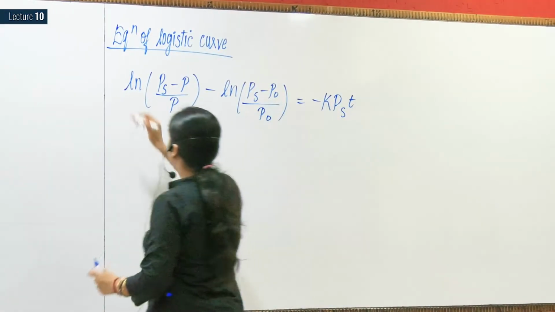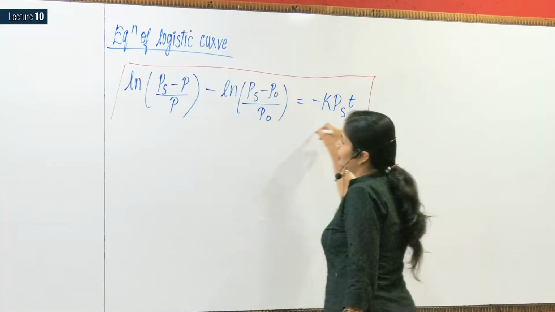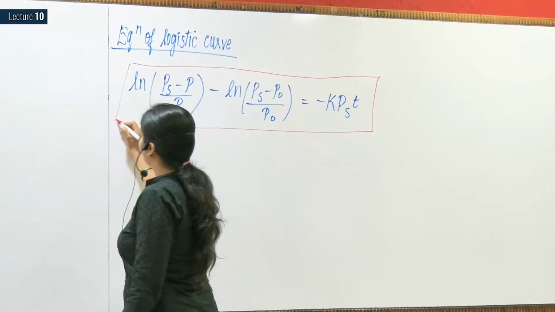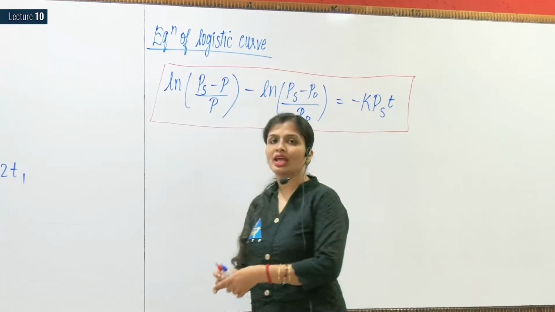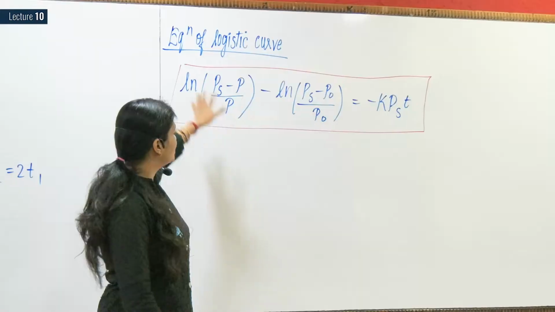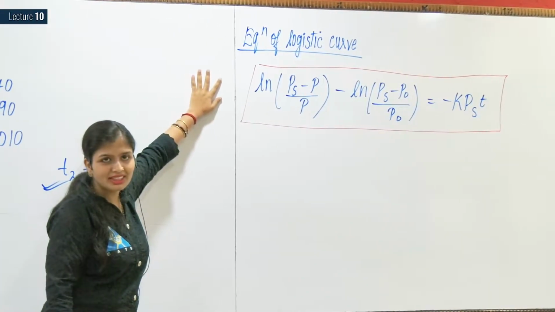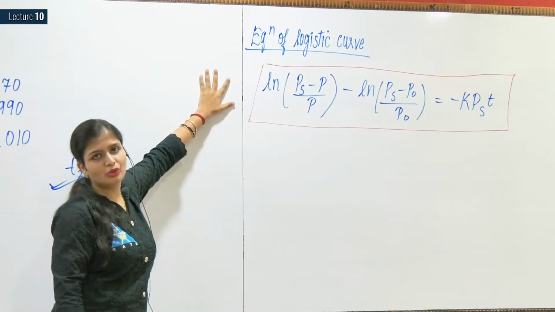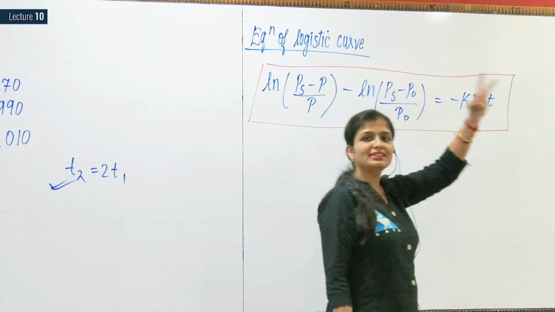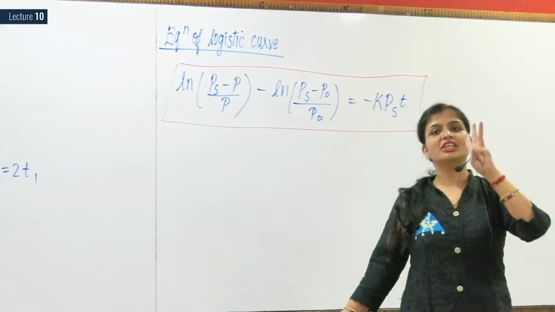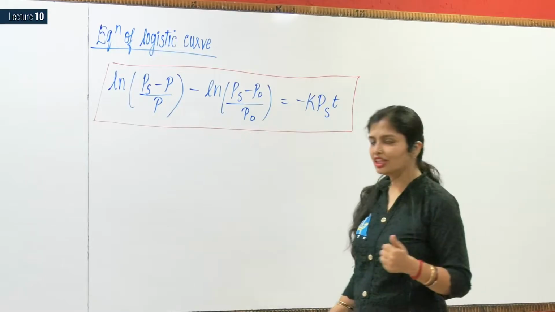First of all, this is the equation of the logistic curve where you will substitute the values and be able to forecast the population. But now, if you see this equation from the point of view of calculations, there are many things unknown to you. P is unknown to you, K is unknown to you, PS is unknown to you. So if there are 3 unknowns, you require 3 equations. So we have 3 equations.